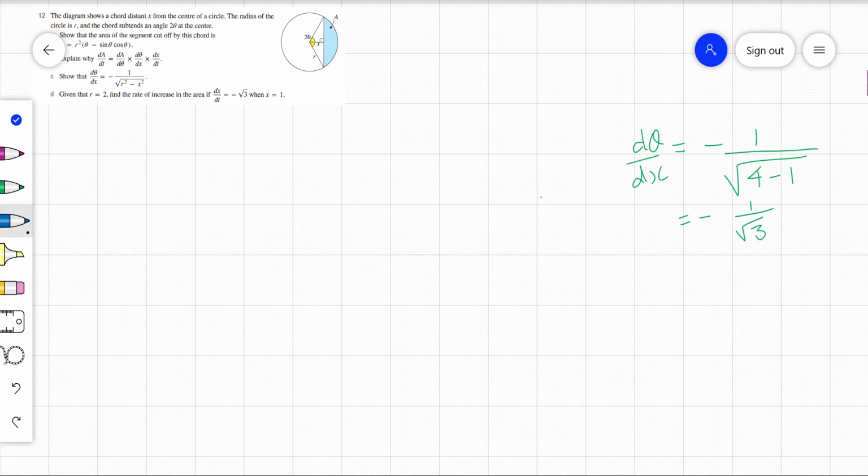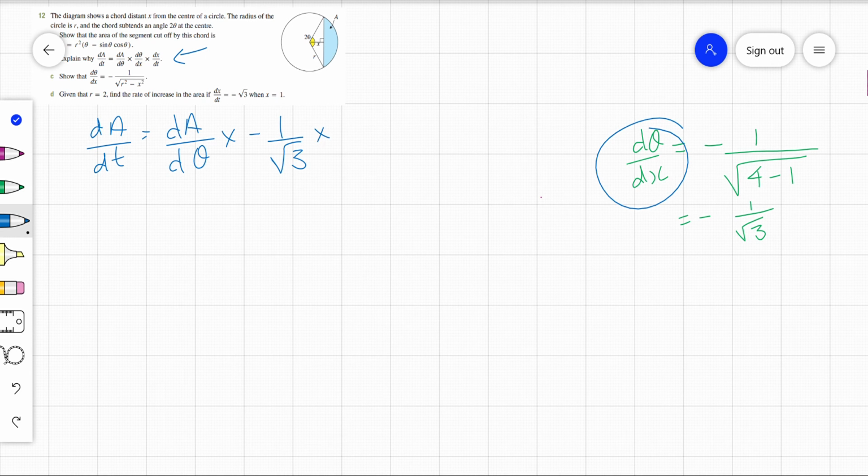Alright, so given that I find the increase in the area, we are looking for dA to t, and we know that that comes from dA to theta times d theta dx times dx to t. We've already got dx to t, it tells us, so it is minus. So you can see those two just cancel and make a positive 1. So really we're just after dA to theta.